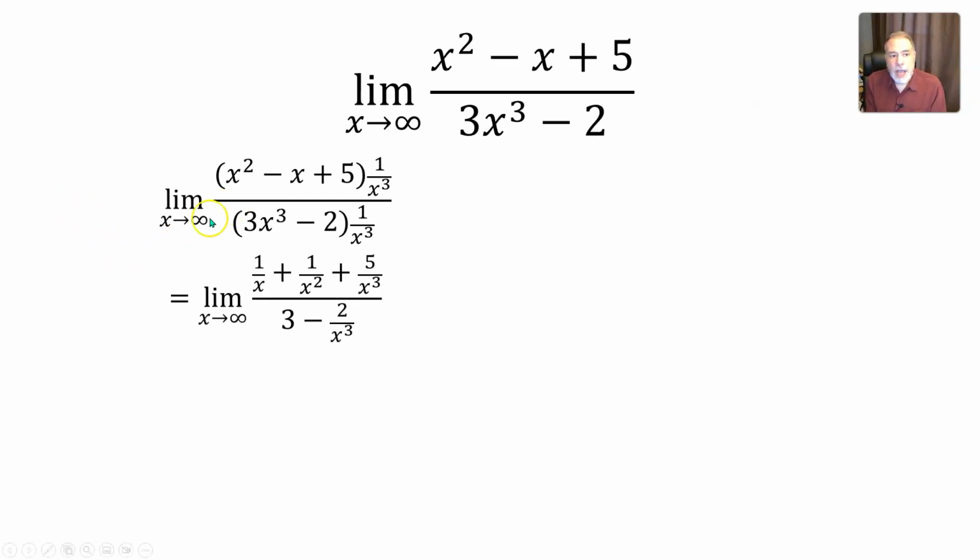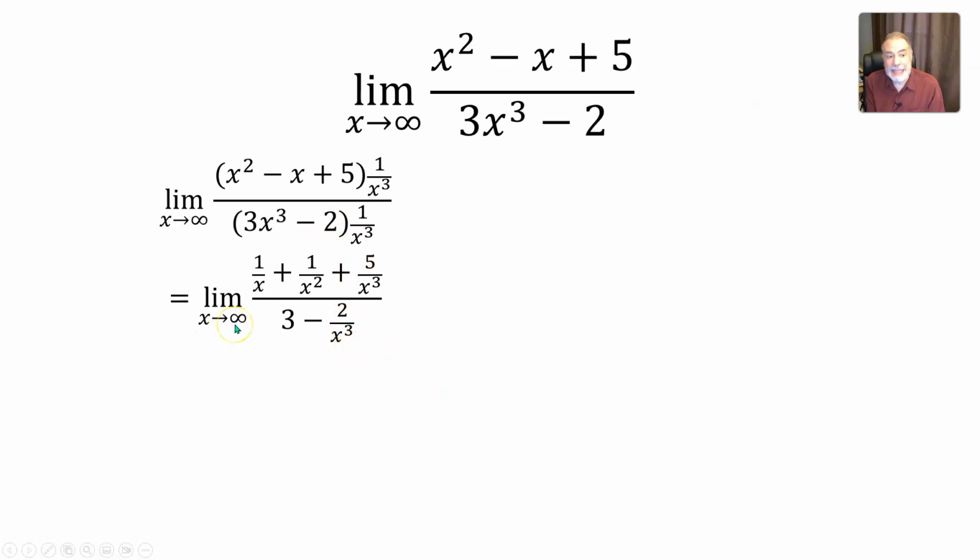So on top, that gives me x squared over x cubed, which simplifies to 1 over x, minus x over x cubed, which simplifies to 1 over x squared, plus 5 over x cubed. And on the bottom, 3x cubed over x cubed would just be 3, minus 2 over x cubed.